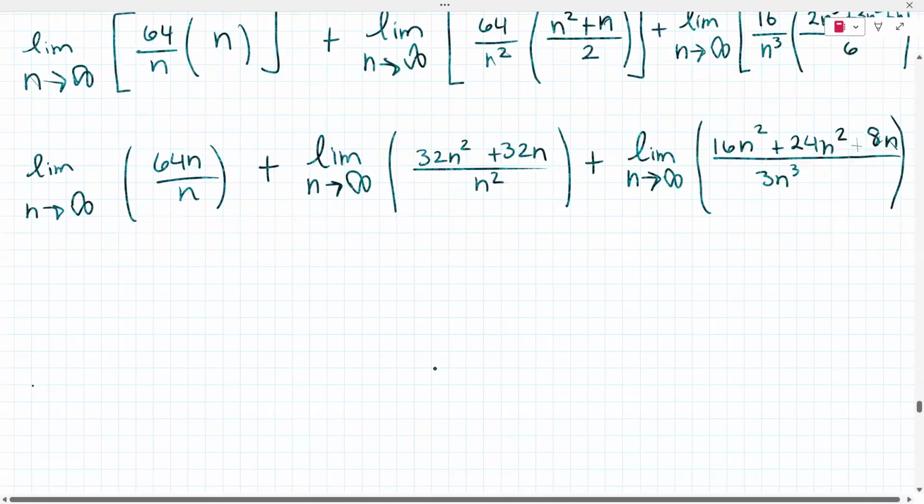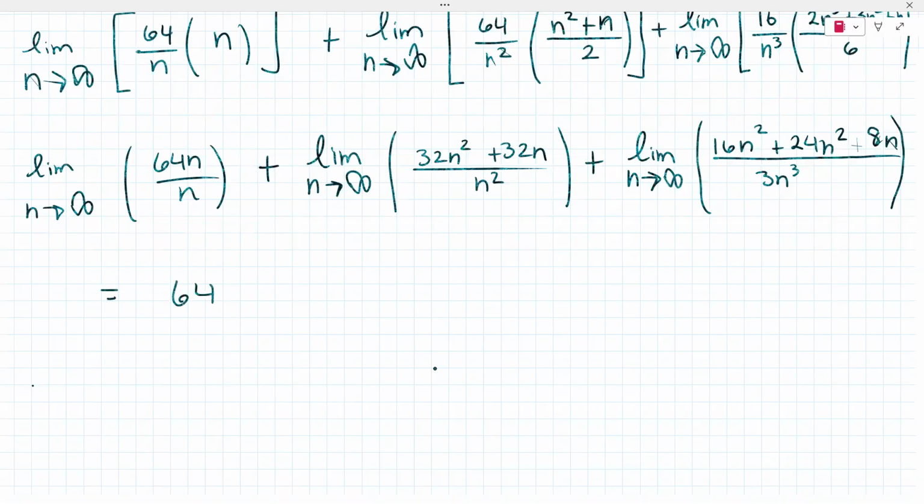And if you clean this up, 64n over n is 64. Or actually, you're using your horizontal rules, right? So what is the limit as n approaches infinity of 64n over n? Well, see how the degrees are the same? So you just use the coefficient, so that's 64. The same thing here, you pick the highest term on the numerator and the highest term on the denominator.